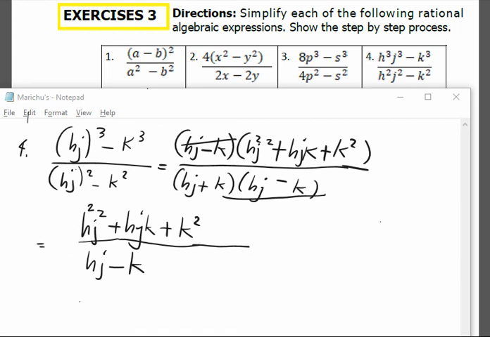We're done with number 4. Wait, I forgot. It should be plus, because this one cancels out to this one. Okay?